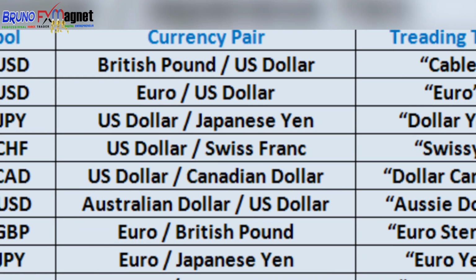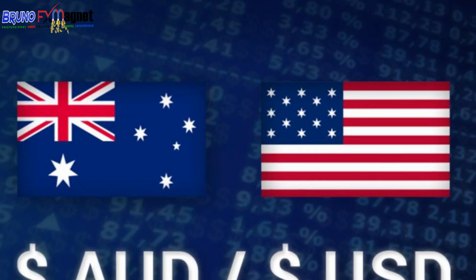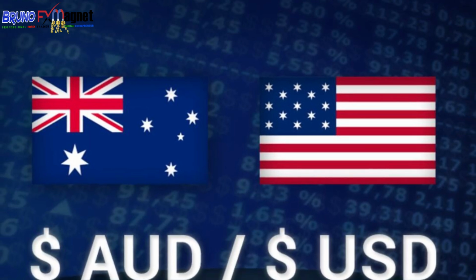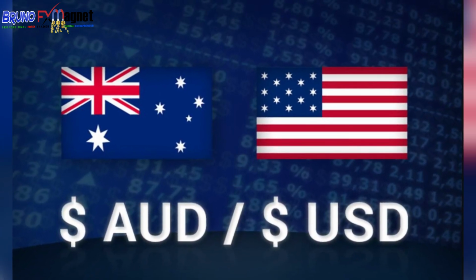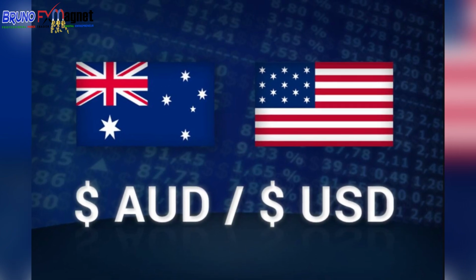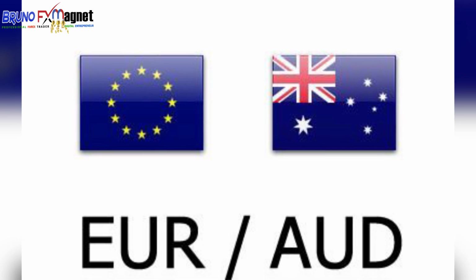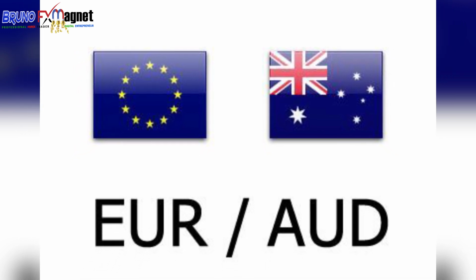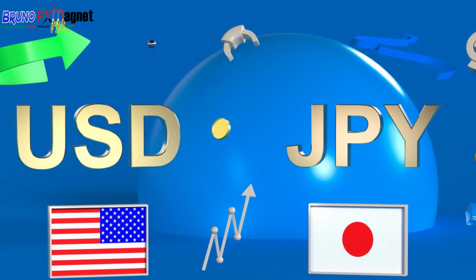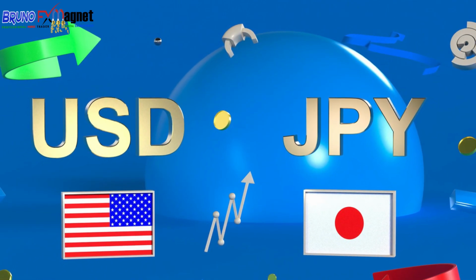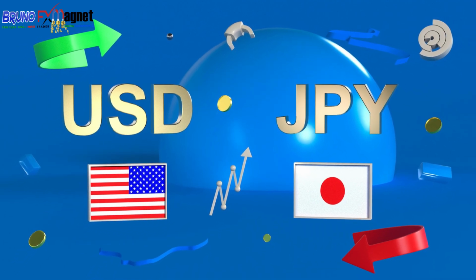Here are other examples where you can find base and quote currencies. In the AUD-USD currency pair, AUD is the base currency and USD is the quote currency. In Euro-AUD, Euro is the base currency and AUD is the quote currency. In USD-JPY, USD is the base currency and JPY is the quote currency.